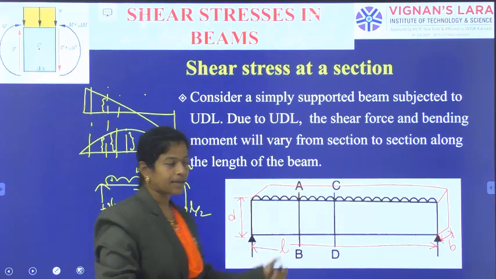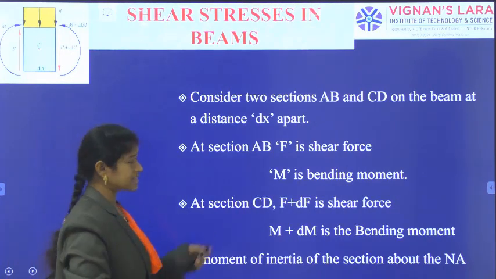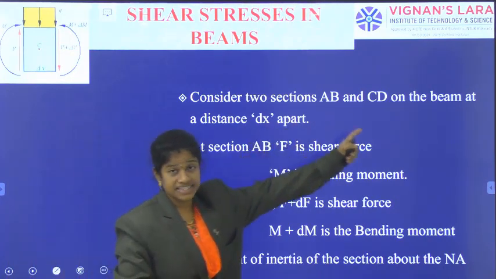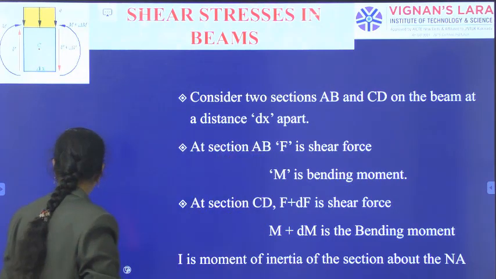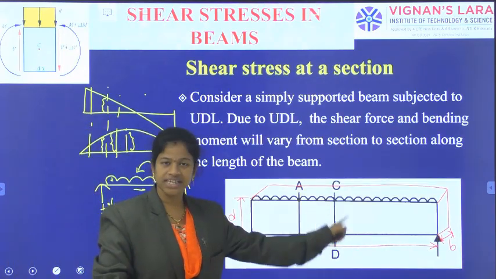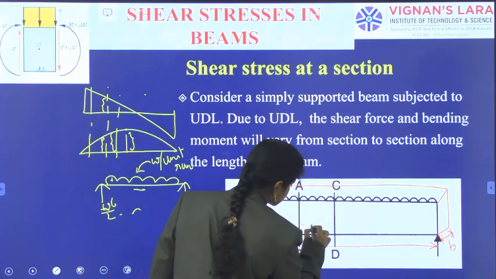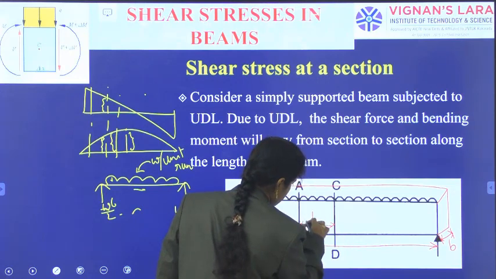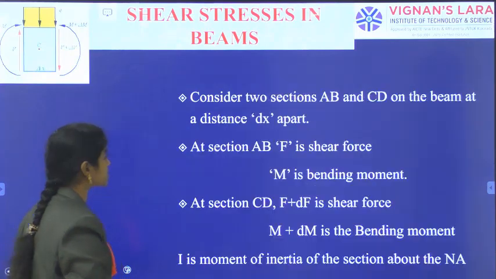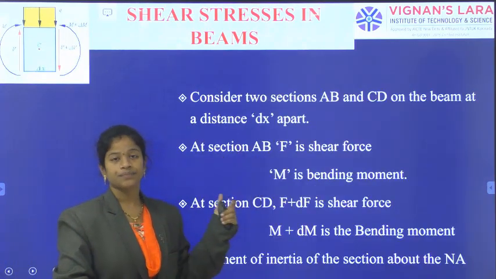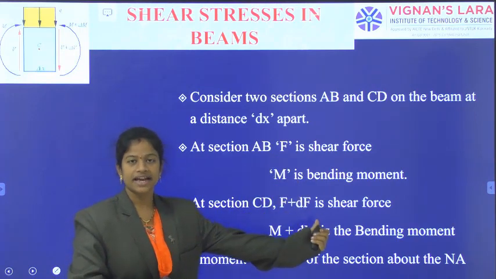Okay, in that beam, consider two sections AB and CD which are at a distance of dx apart. So on this length I am taking two sections AB and CD over a distance dx along the length, that is the dx distance between the two sections. Now the shear force at section AB, F is indicated as the shear force, M is indicated as the bending moment.